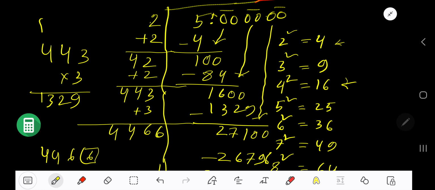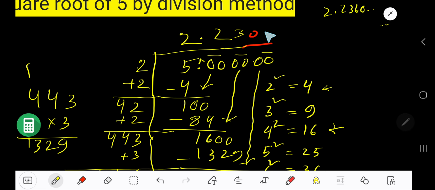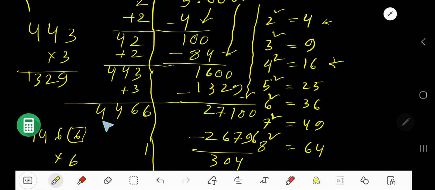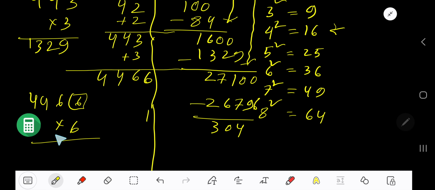So place 6 here, so this 6 must come here. 6 times this, which is 2696. So if you subtract, then you are getting this. Now add that 6.